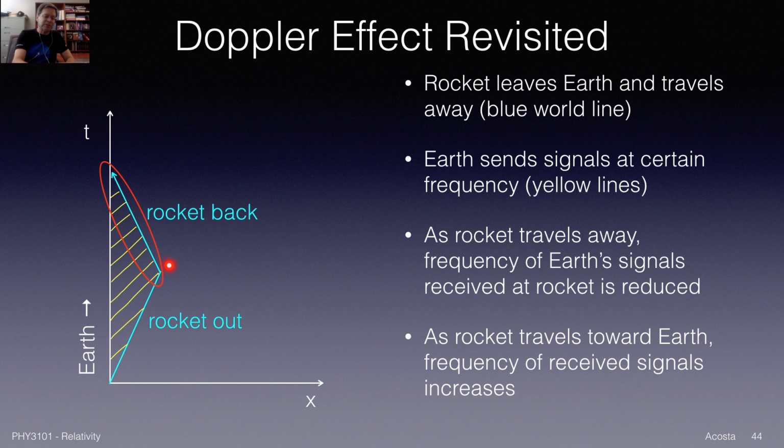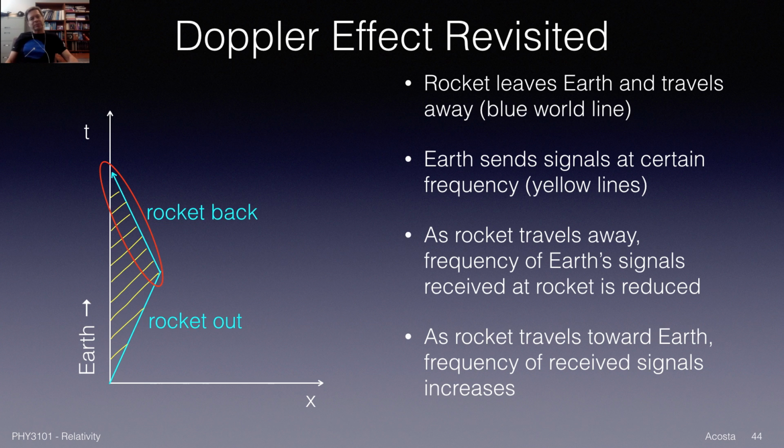So head away from the object, the frequency decreases. Head toward it, it increases. And you can see that as drawn by this space-time diagram, with light being emitted on these light-like regions with a 45-degree angle, and the rocket traveling at a smaller speed, so at a steeper slope.